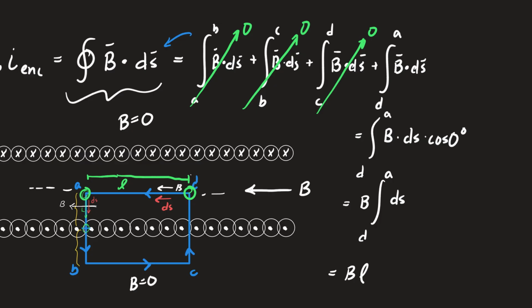In an Amperian loop, you're always going to get a magnetic field times a distance on that side of the equation. Gauss's law, it was always an electric field times an area. This side is always a magnetic field times a length. Are we good to move on? Because there's one more thing we have to do. We have to deal with the other side now. The other side is mu naught times I enclosed.